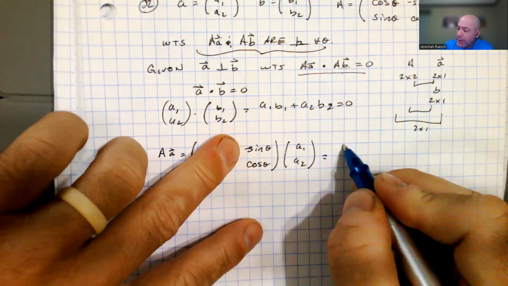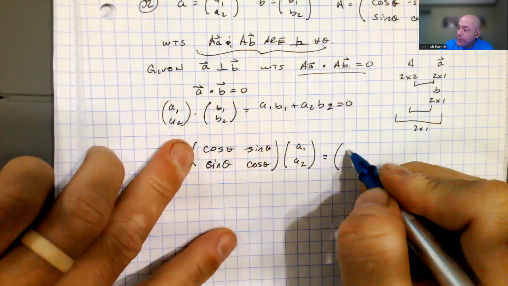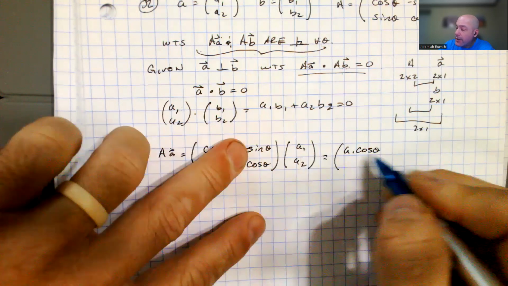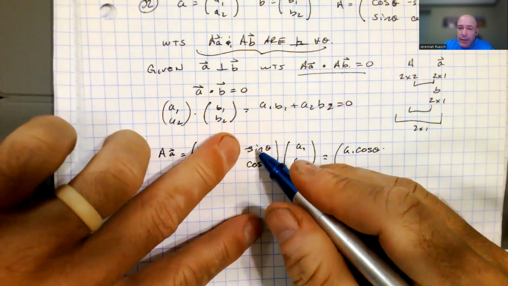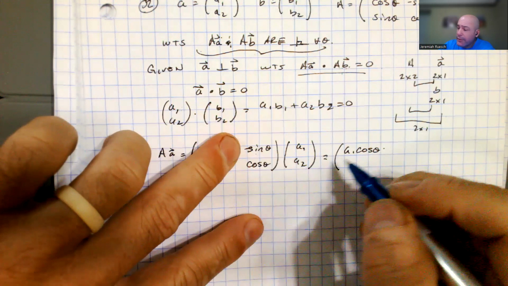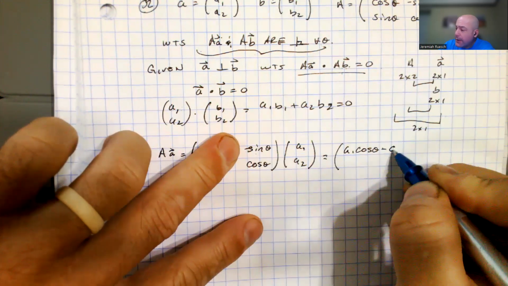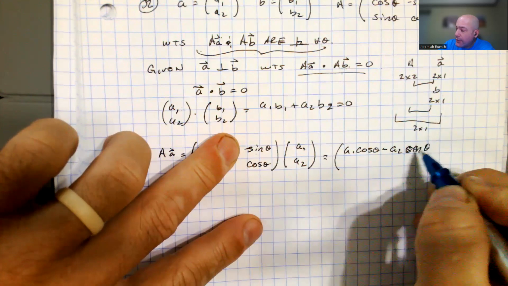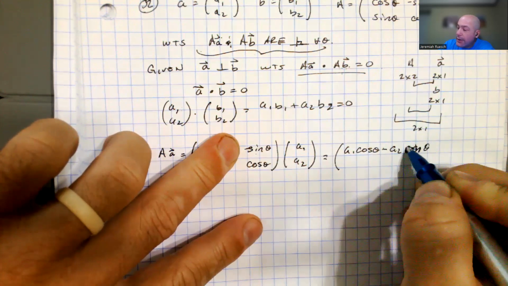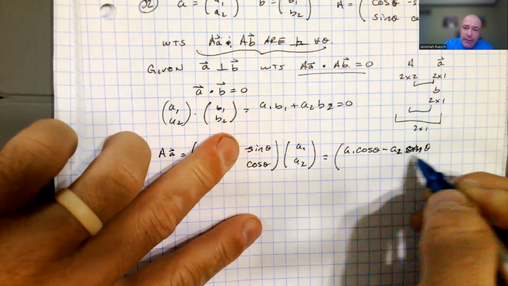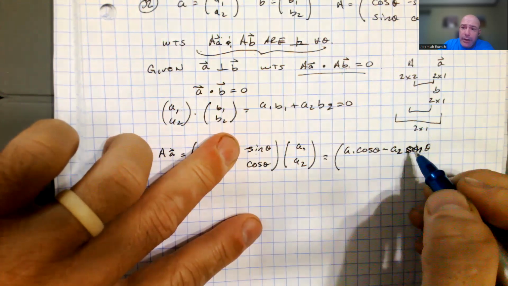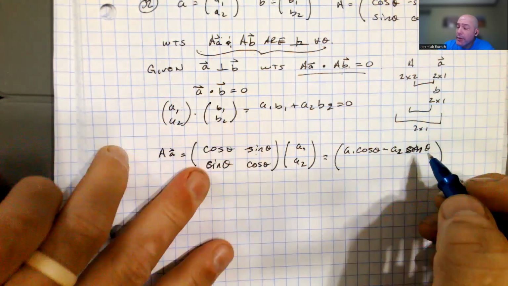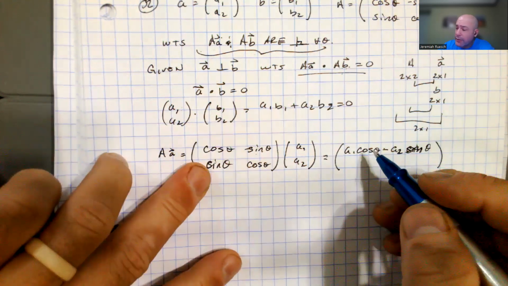That's going to be the top row. This is A1 cosine theta, and because of the negative sign, this is minus A2 sine theta. I'm assuming that these elements are from a field where they're commutative, so I can write A2 in front. That's not always true, but in this situation I'm assuming it is.